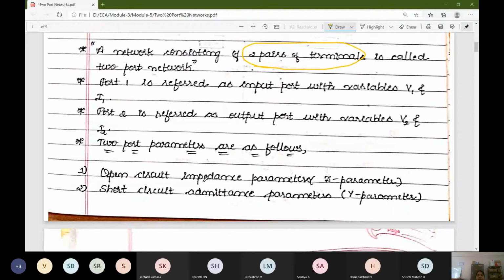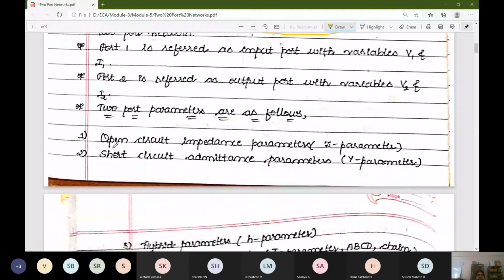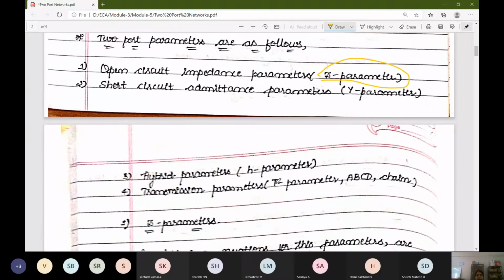And what are the parameters which we are going to study here? First is open circuit impedance parameters, also called Z parameters. Next we'll study short circuit admittance parameters, the Y parameters. Next is hybrid parameters, and next is the transmission parameters.